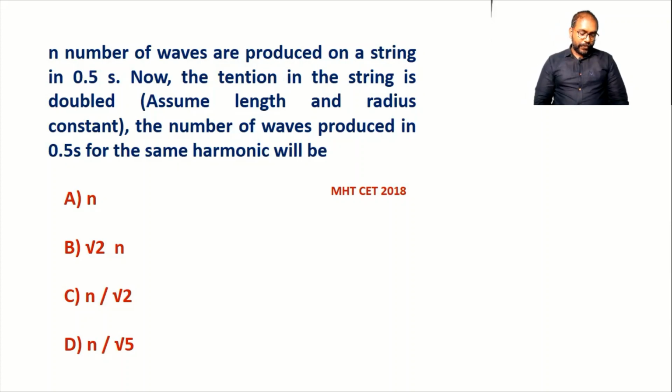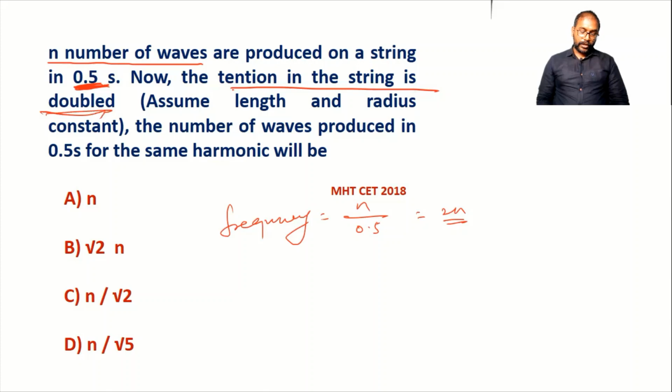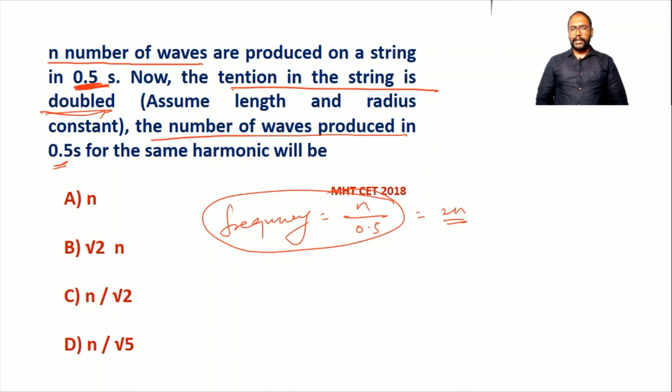Now next one. If n number of waves are produced on a string in 0.5 second, waves per second is the frequency. So frequency is the number of waves divided by time, so 0.5 means 2n is the frequency. Now the tension in the string is doubled. Initially it is n in 0.5 second, and in the same time we have to find out the number of waves if tension is doubled.